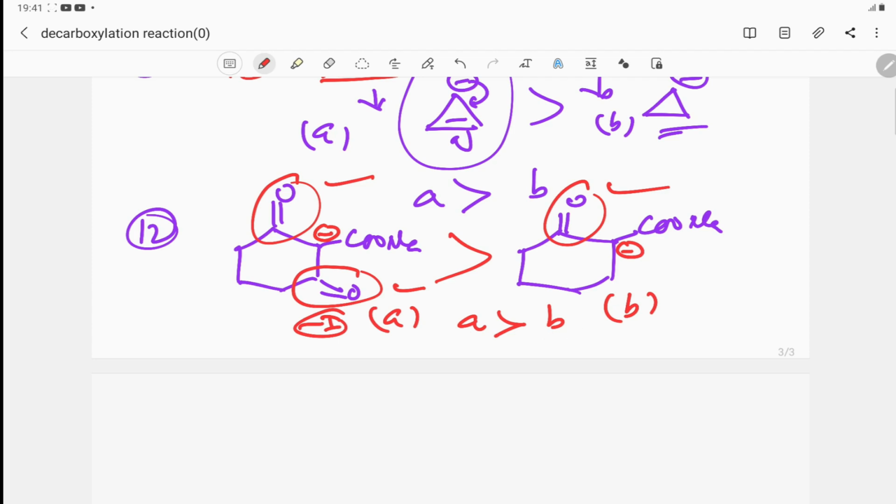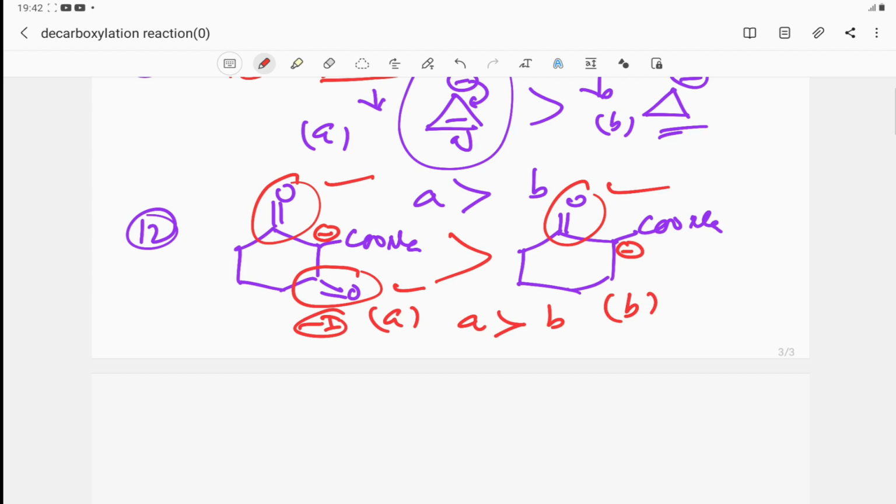So today we discussed different types of products by soda lime decarboxylation and the comparison of reactivity of different salts of carboxylic acids. The main principle is the stability of the carbanion. If the stability of the carbanion is more, then the compound will be more reactive. And in the mechanism, the first step, the formation of the carbanion, is the rate determining step, that is the slowest step.